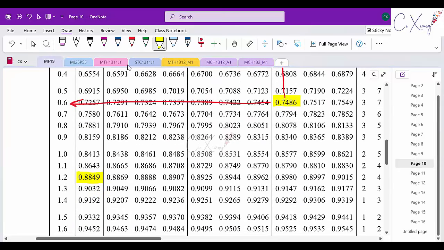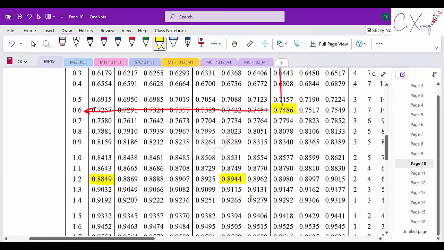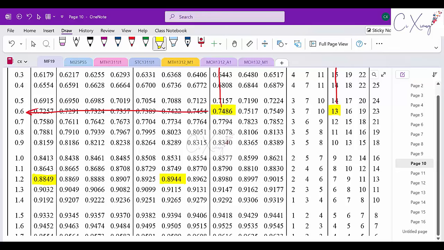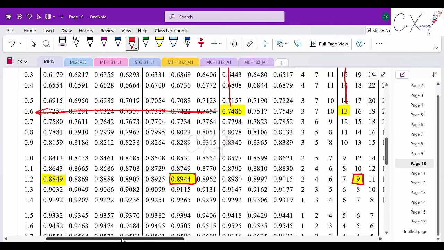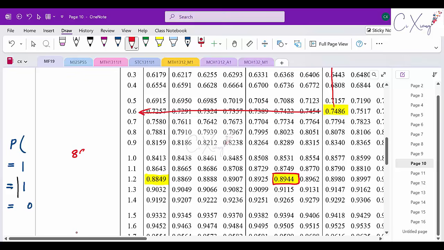So 1.25 is this one, then I need to add another 5. That means I need to add another 9 at the back. 8944 plus 9 for the value of z, 1.255. So what do you get for 8944 plus 9? You'll get 8953.